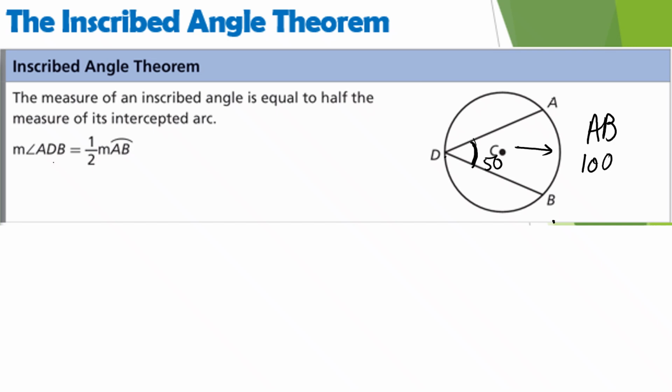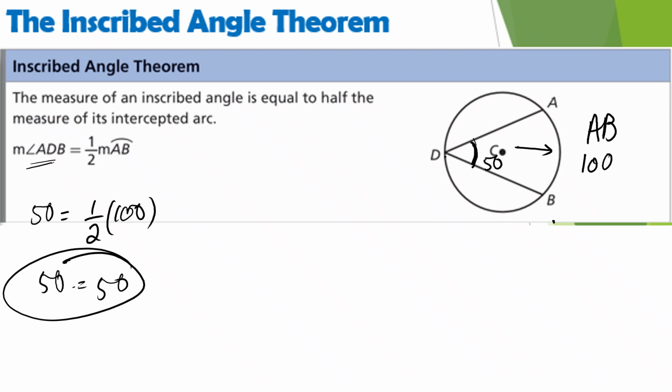So what is ADB? ADB is 50. Why 50? Because it is half of 100. So actually this angle is half of this arc, whereas in the central angle, they both have the same value.